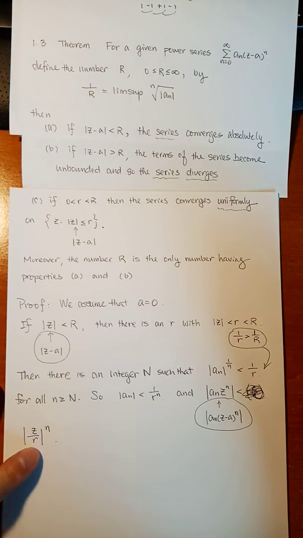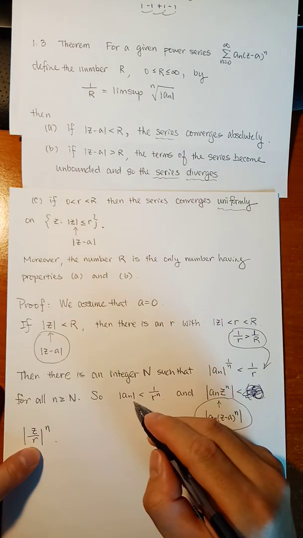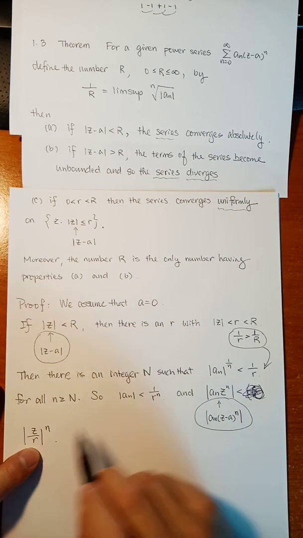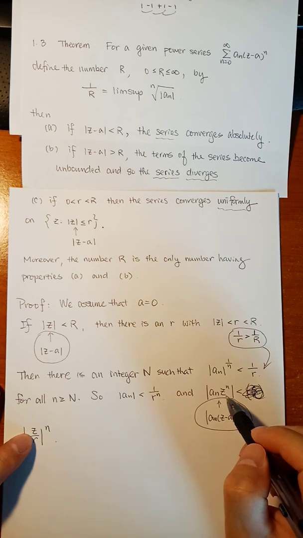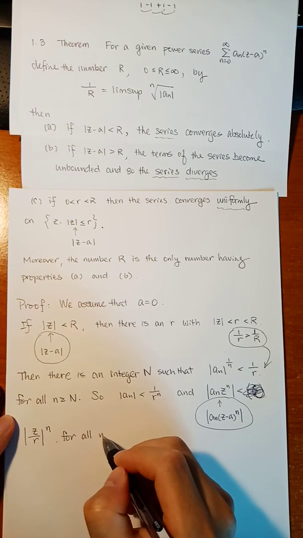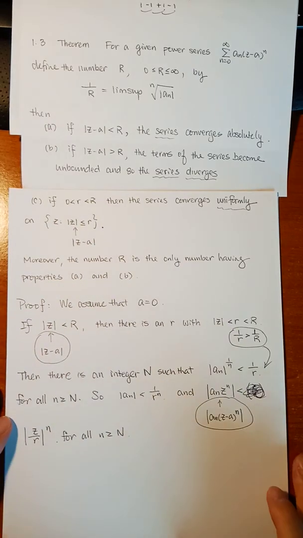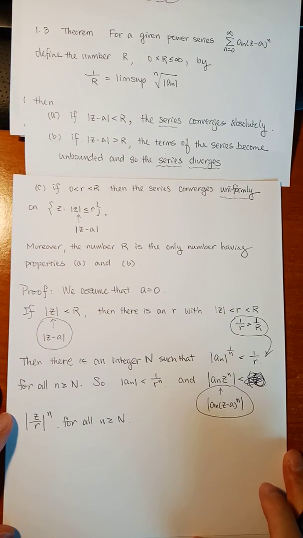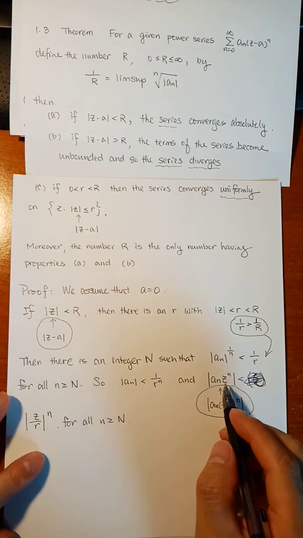All right? This one is dominated by 1 over r, z to the n, for all n greater than or equal to capital N. Okay, so what is this?